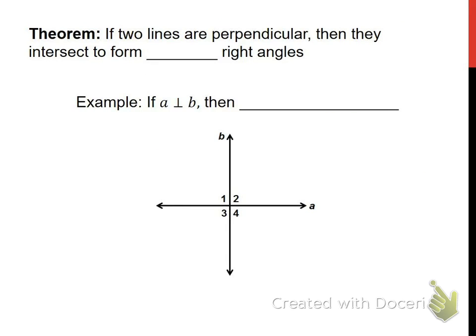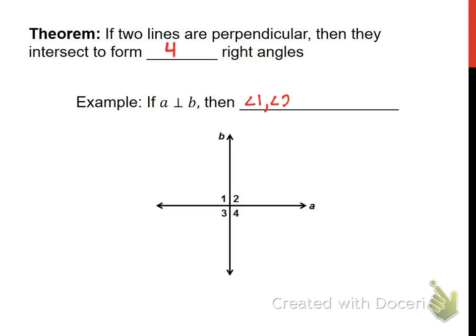Next theorem. If two lines are perpendicular, then they form 4 right angles. Questions about this one? Okay, so if line A is perpendicular to line B, what do we know about all these angles? They're all right angles.